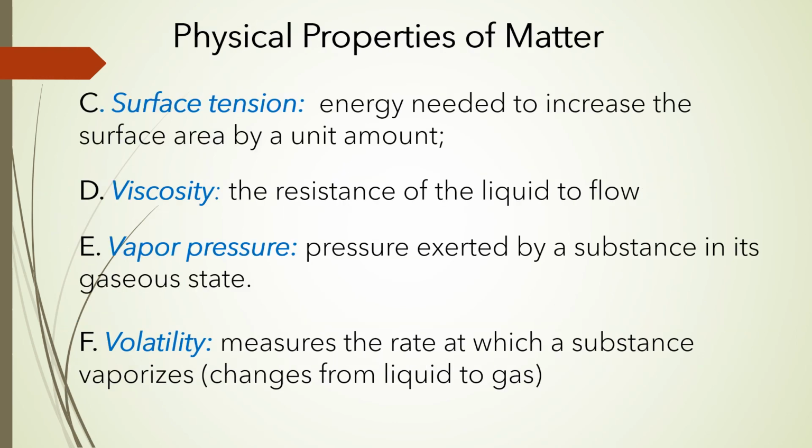Surface tension, the energy needed to increase the surface area by a unit amount. Viscosity, the resistance of a liquid to flow, and vapor pressure, the pressure exerted by a substance in its gaseous state. And volatility measures the rate at which a substance vaporizes, changing from the form of liquid into gas.